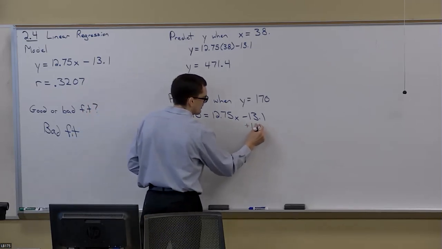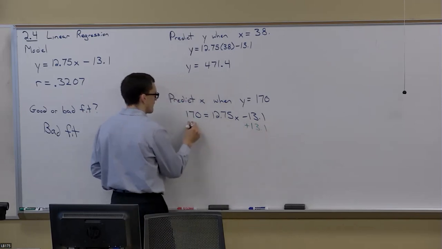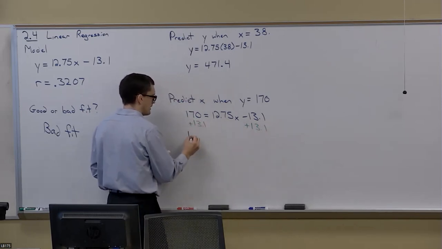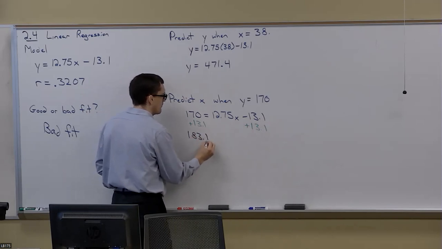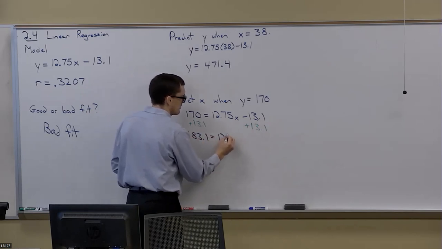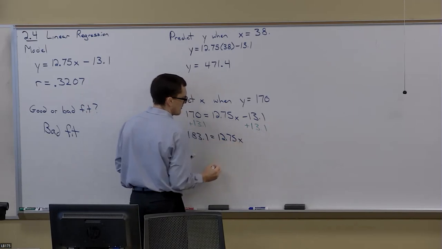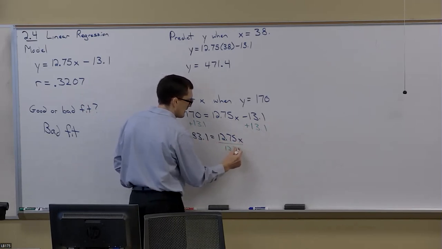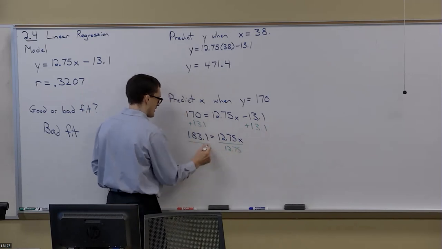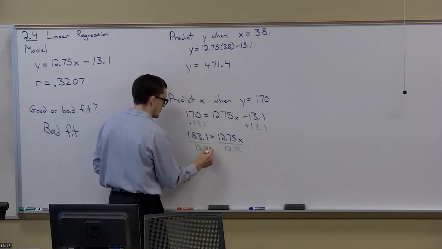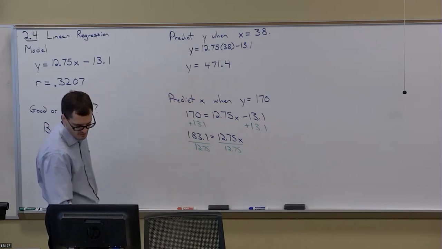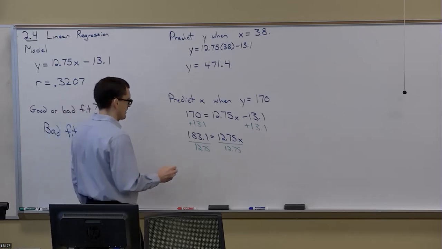Add 13.1 to both sides. 183.1 is equal to 12.75x. Divide both sides by 12.75, and I get roughly 14.36.